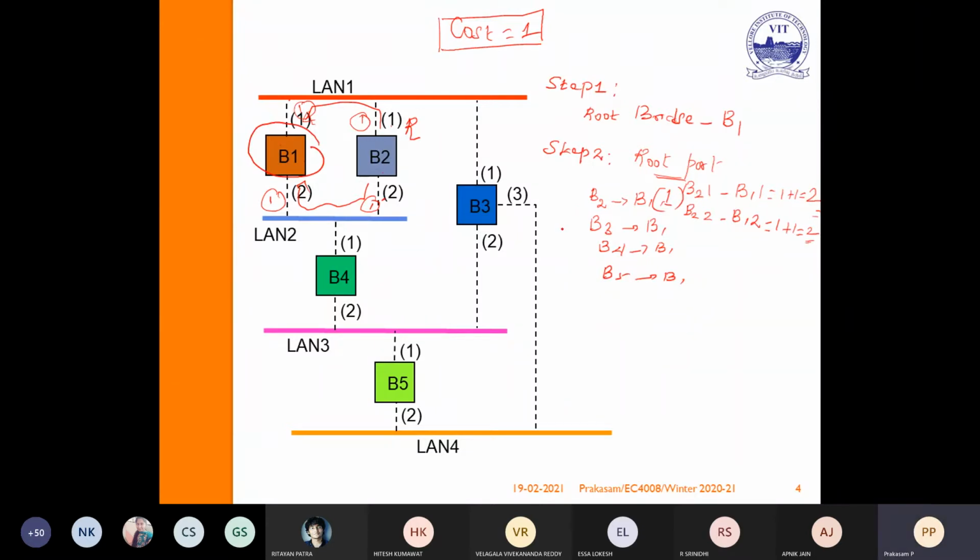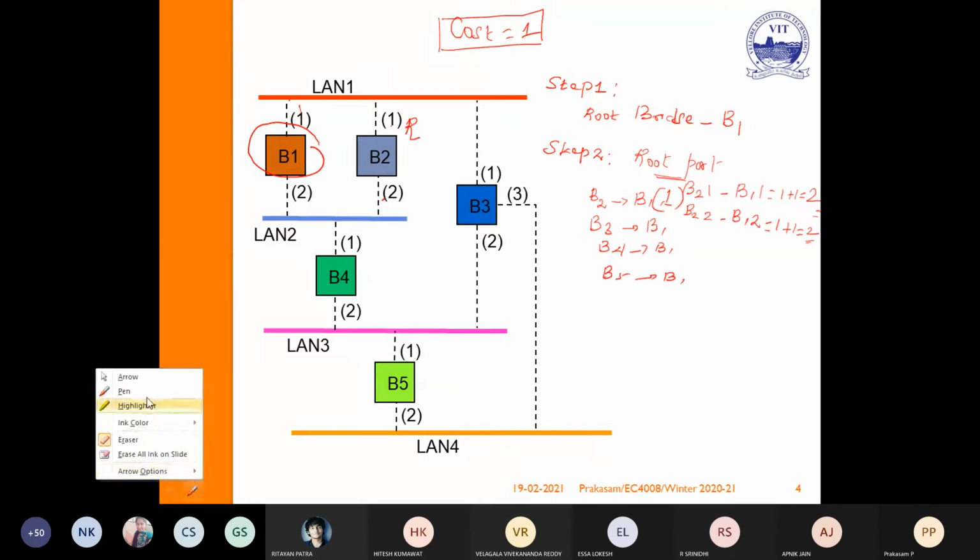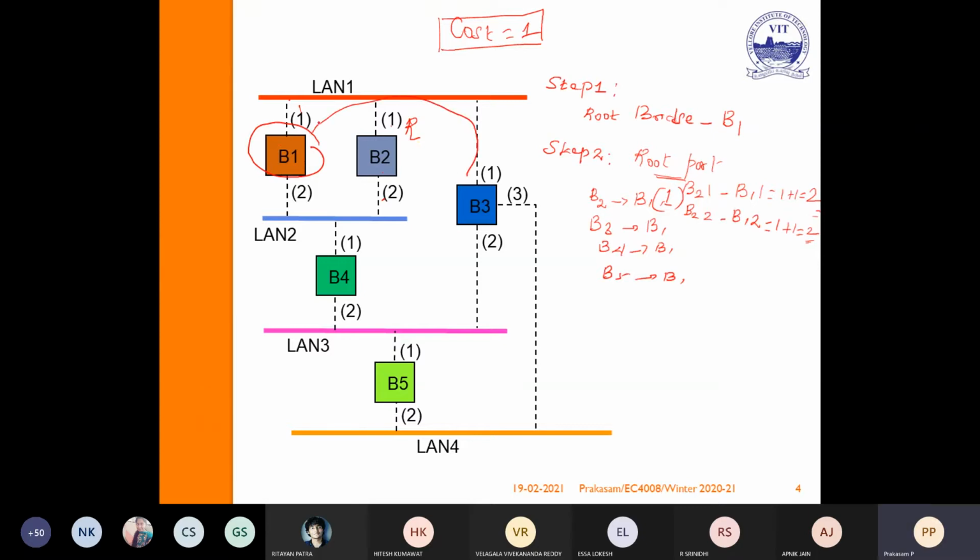So the next step, B3 to B1. You may go in any direction. From B3 to B1, either you can go in this direction, or in this direction, or in this direction.